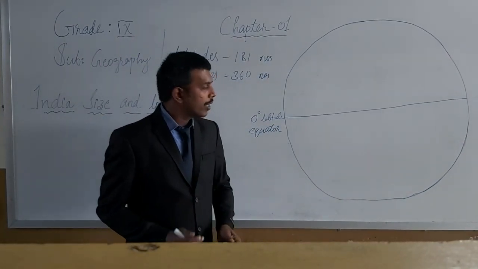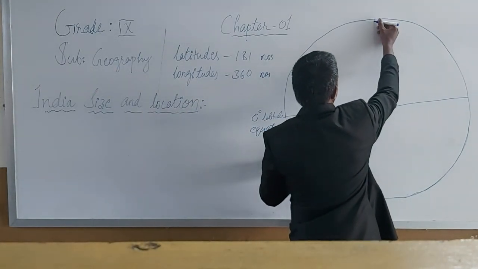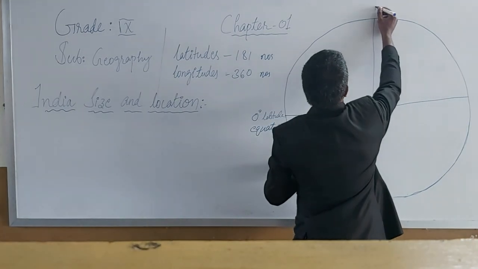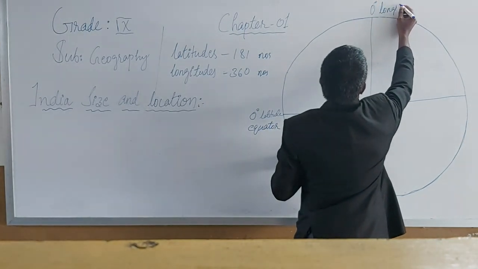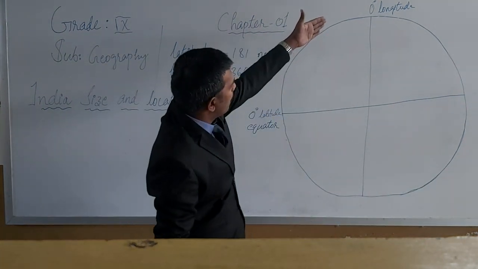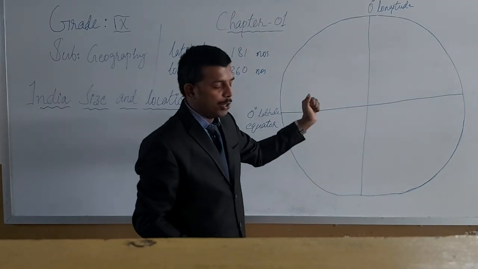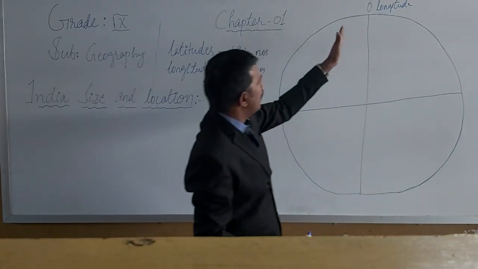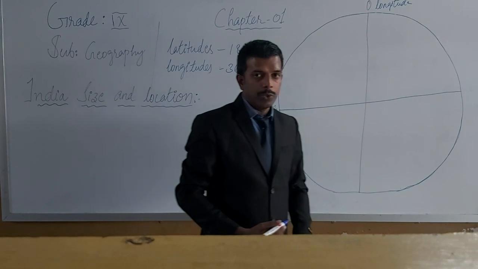Now I am going for one more line. This line running from north to south direction, we call them longitudes. Here in the middle of the globe, I have made a line, almost the 0-degree longitude.